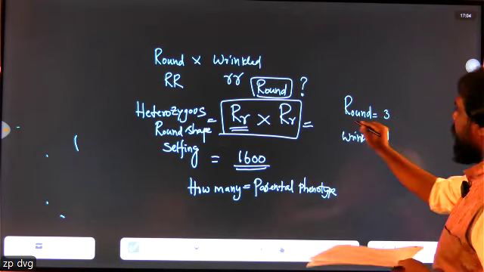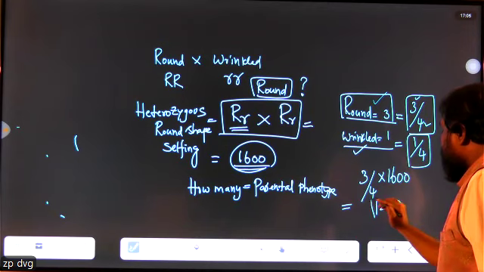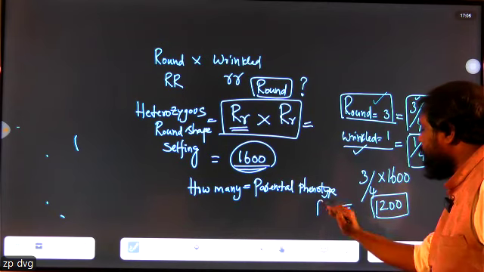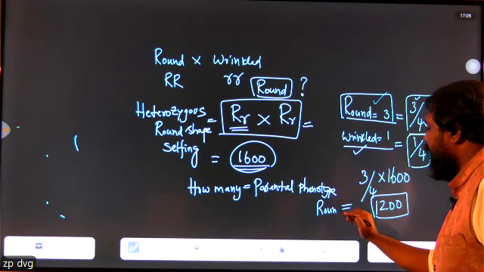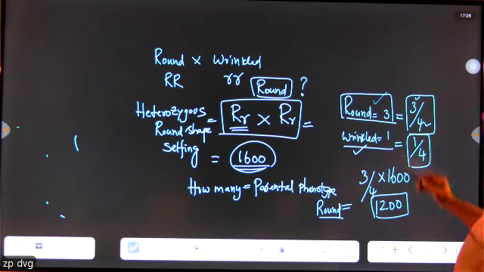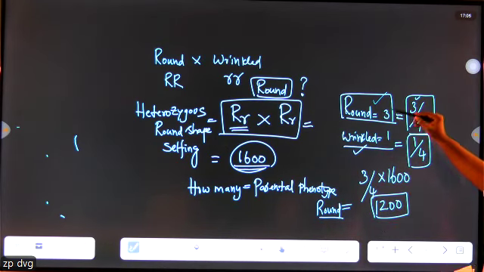Out of 1600, that means 3 by 4 into 1600. So how much will you get? 1200 will be round. Hope you understand how the answer came. In a cross, you know very well, 3 will be round, 1 will be wrinkled.